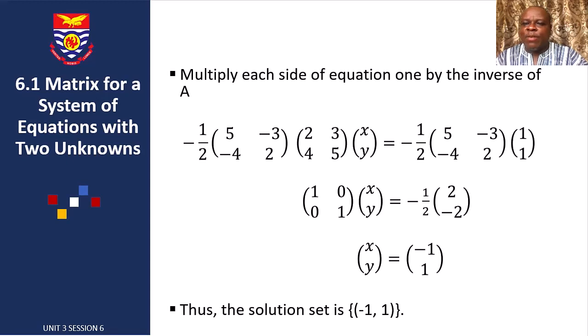And then when we simplify the right hand side, we have negative 1 over 2 into bracket 2, negative 2. Then when we use that identity matrix to multiply xy, we get xy. And when we simplify the right hand side, we get negative 1, 1. We therefore conclude that the solution for that system is negative 1, 1.